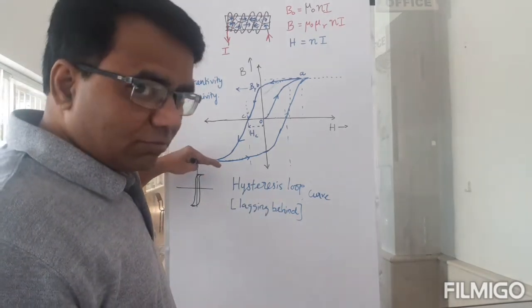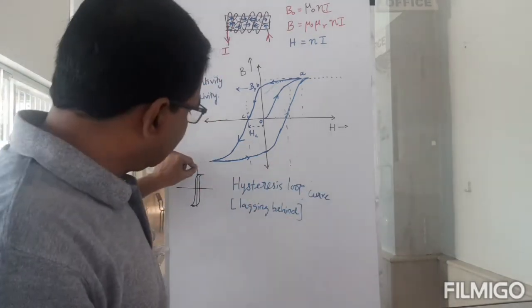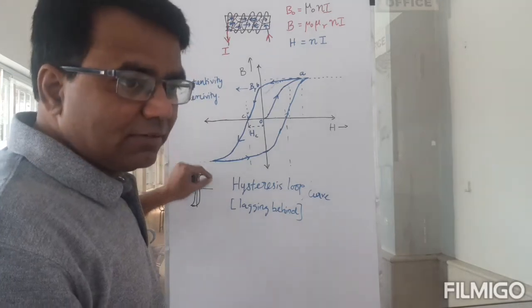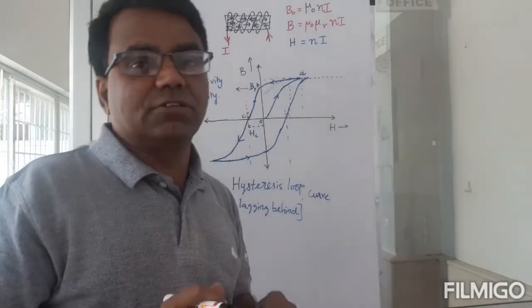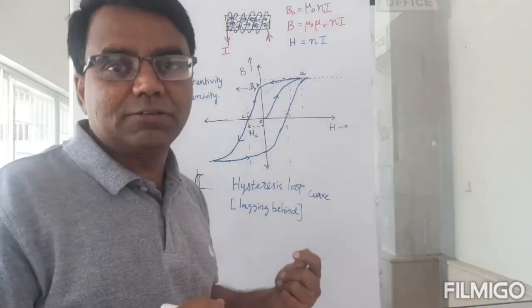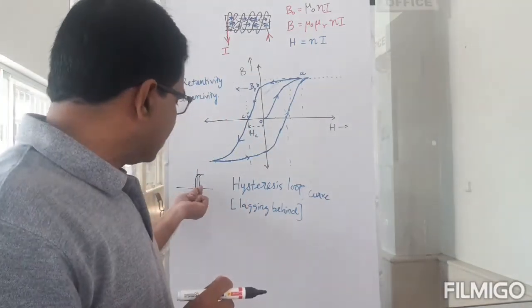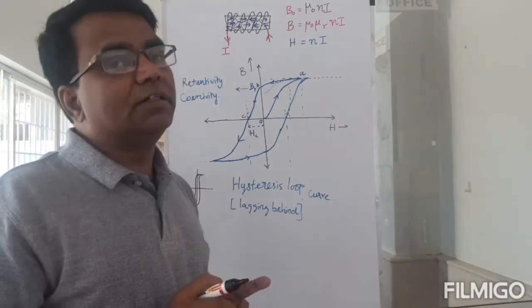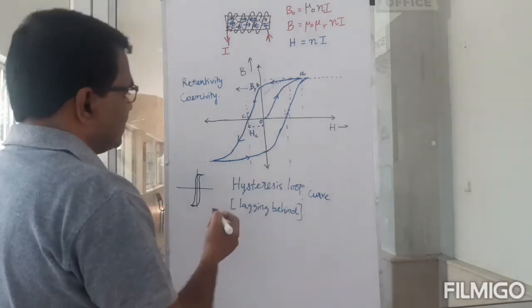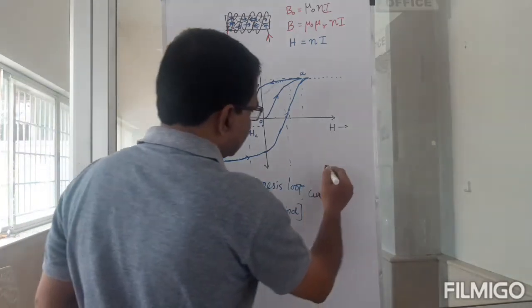Retentivity is more because once you stop the current, it still retains a lot of magnetic field. But I can bring the magnetic field back to 0 with a little bit of coercion. With a little bit of force, I can bring it back to 0. So high retentivity and low coercivity. And some other material may have a curve like this.